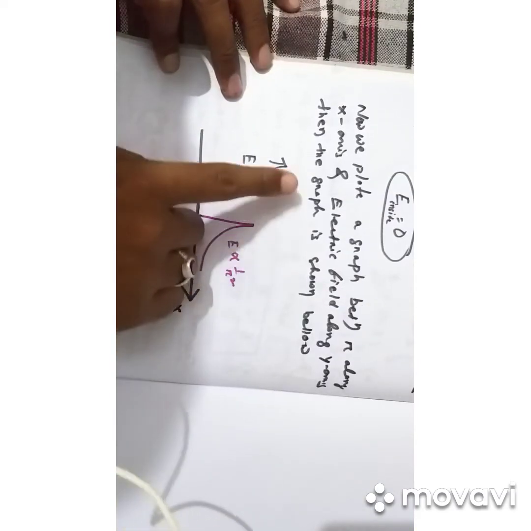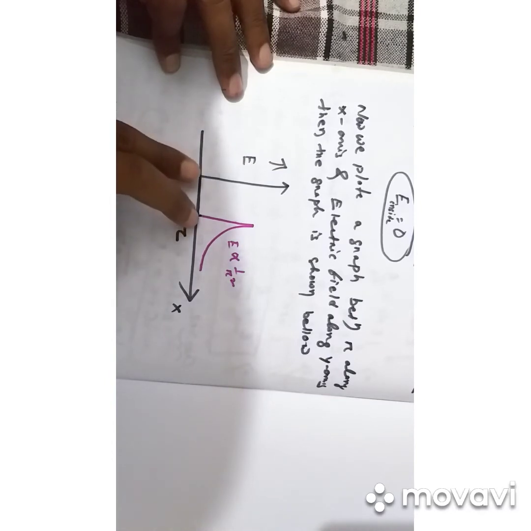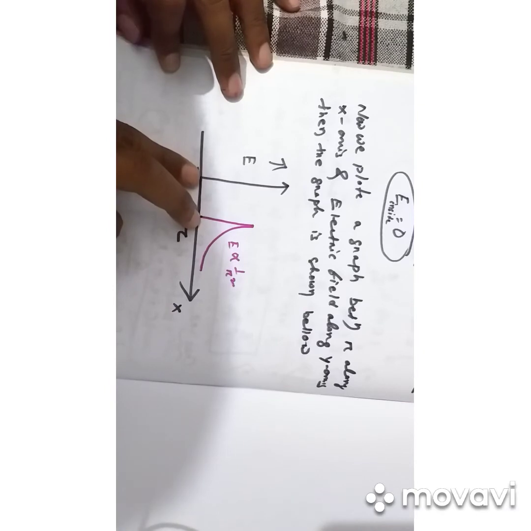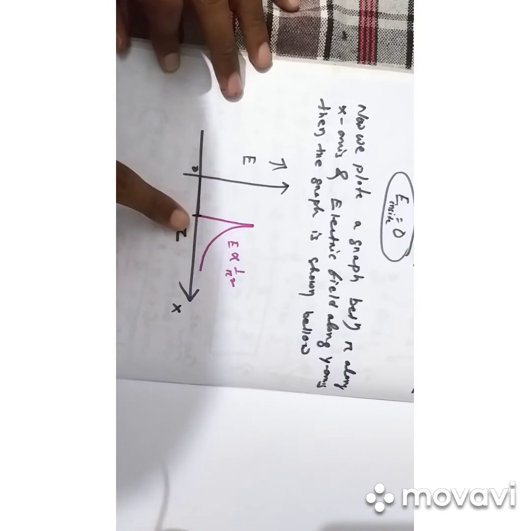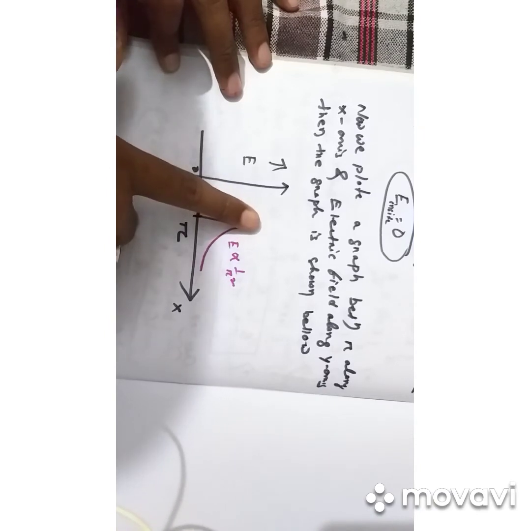In the above graph, electric field intensity inside the spherical shell is 0 because there is no charge present inside the spherical shell. But on the surface of the spherical shell, that means small r equal to capital R, the electric field intensity on the surface is maximum.